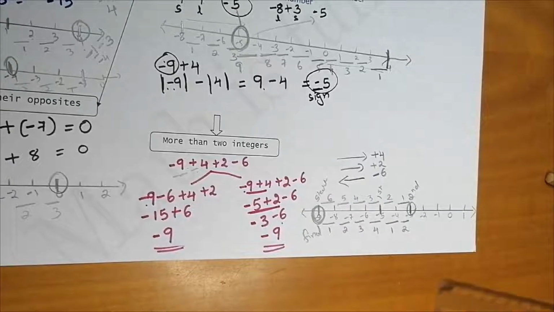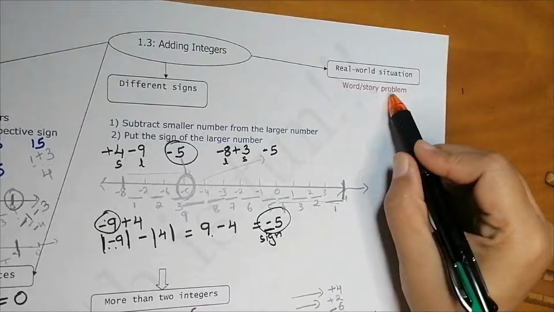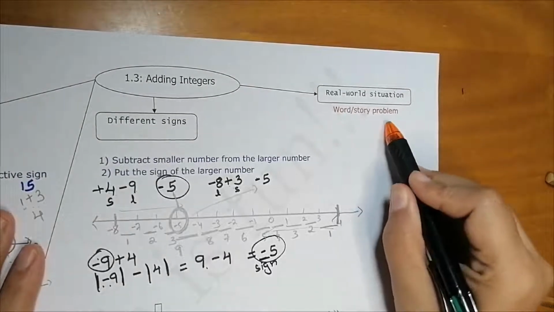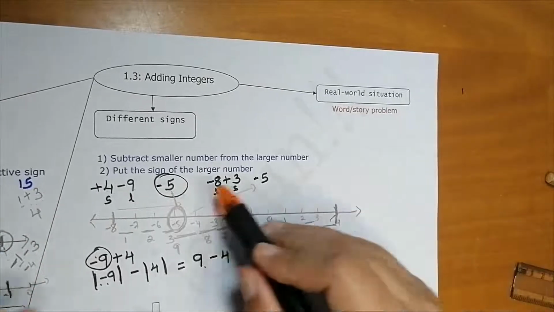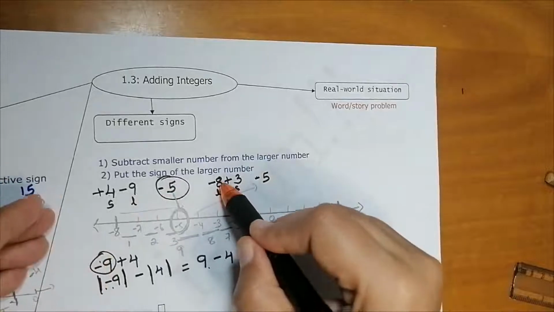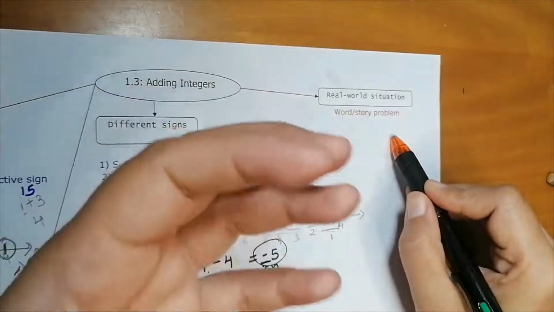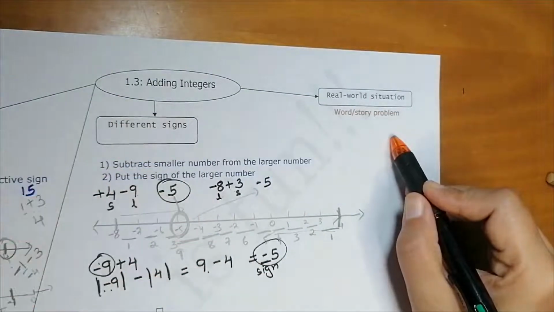And finally here we have real world problems, real world situations, which are also known as word problems or story problems, right? In this situation, basically, you're not given the ready equations. You need to form these equations, okay? They're pretty simple. It's just reading the problem that's given there, the story that's given there, and formulating an equation.